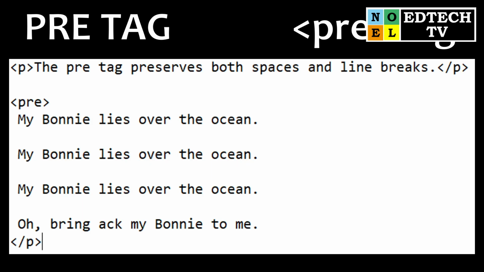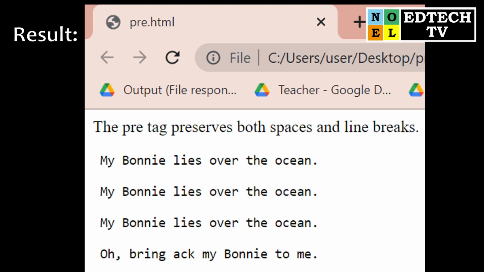This is the example of the HTML code using the pre tag. And this is the result of the example coded HTML using the pre tag that you saw in the previous slide.